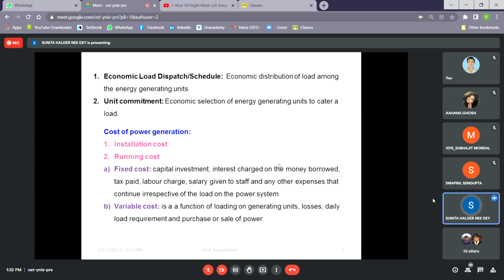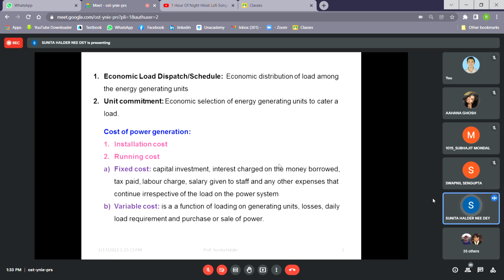Now another is variable cost. For a thermal power plant, variable cost means the cost which is changing with the generation. Okay, here, variable cost does not mean the installation cost. It means the running cost. Running cost has two parts. Running cost means the day-to-day cost to run a power plant.